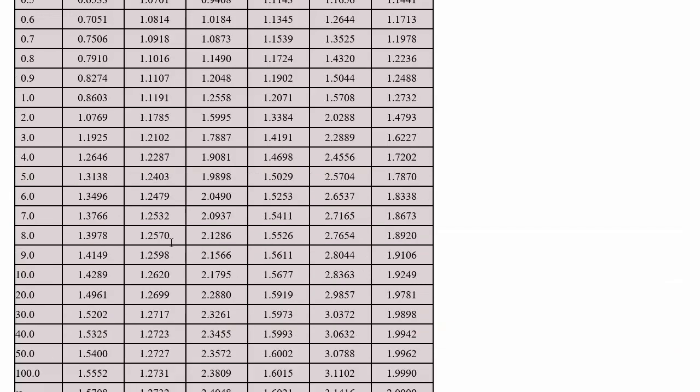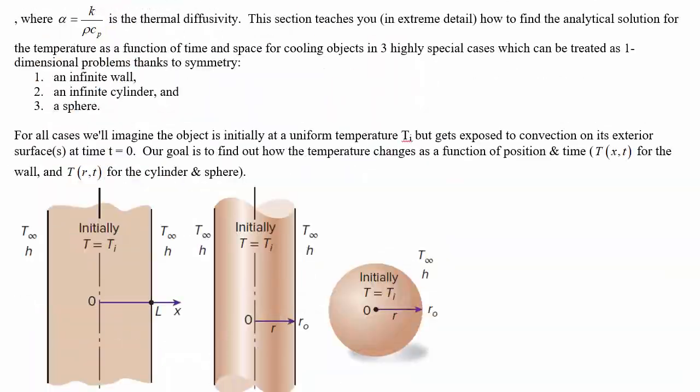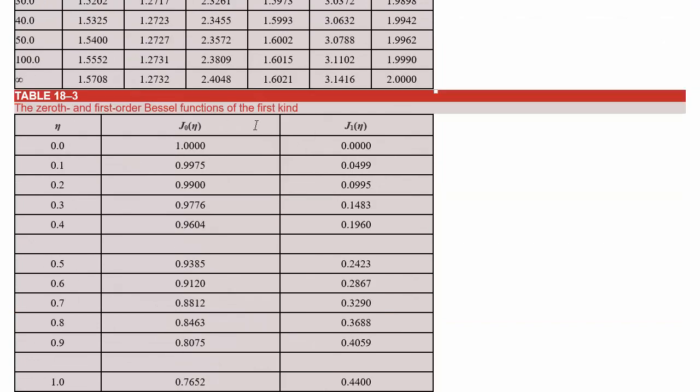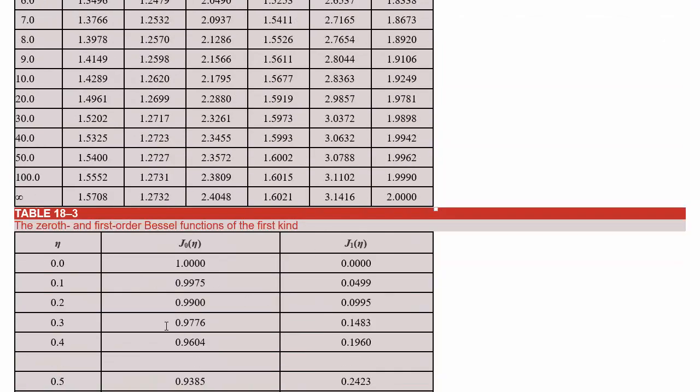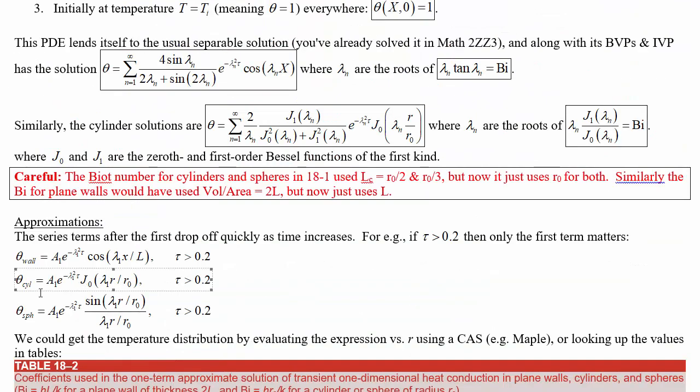There's also a table if you're using the cylinder approximation, which is quite a common shape, to give you the Bessel functions, because you're also going to need to evaluate these in order to determine what the temperature distribution is doing as a function of space.